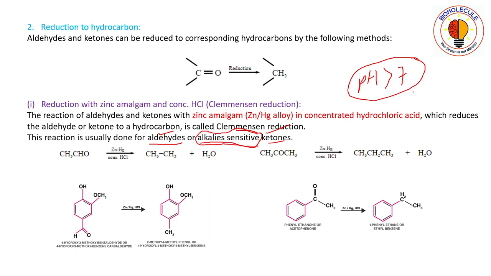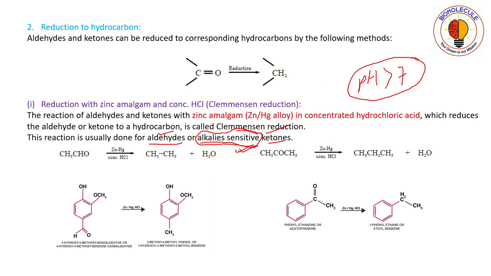In that medium if some group gets destroyed, then it is known as alkali sensitive. Means in alkaline medium the group loses its property, that is the group no longer remains the same, it gets rearranged or converted to some other groups. So that is alkali sensitive.